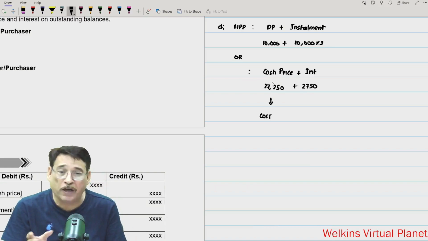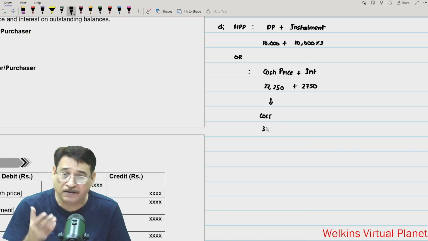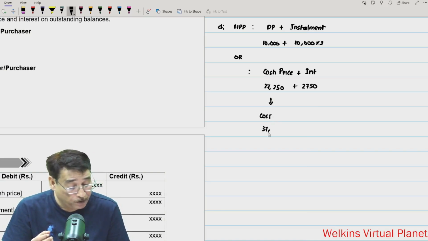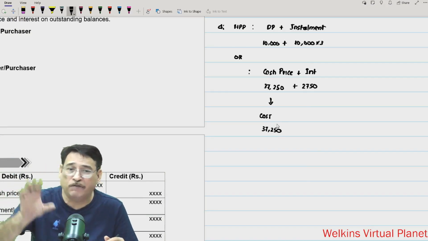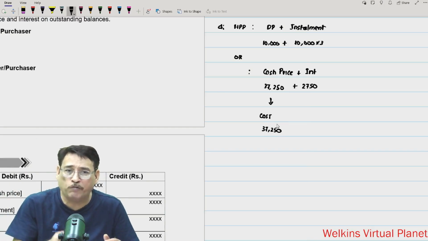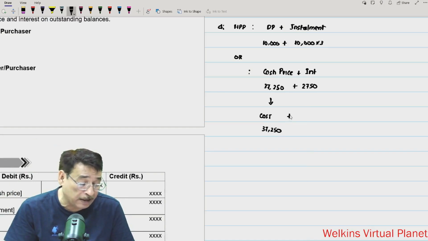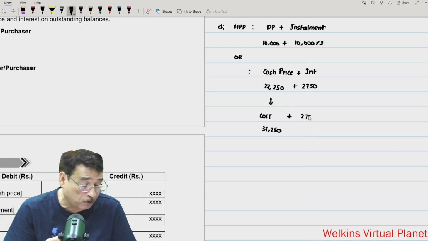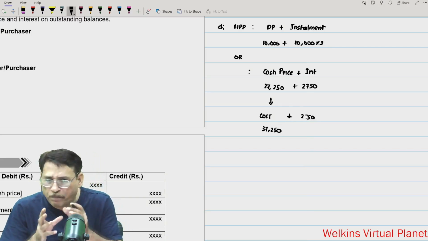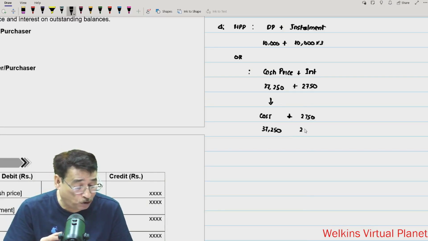So from the perspective of the purchaser, remember one thing, cash price is also known as cost. Because if the hire purchaser had paid the full amount at the time of purchase, he had to pay only 37,250, so his cost would have been 37,250. And now, because he got the asset by taking some time facility, he is paying 2750. This is the interest. So from the perspective of the purchaser, please pay attention because I will use these terms so often later on.